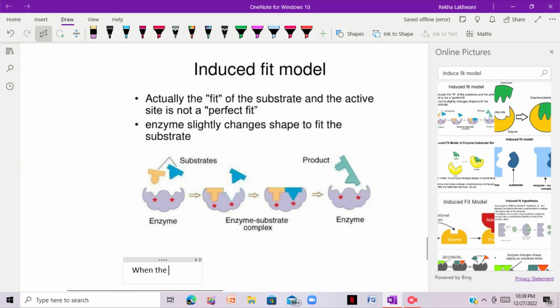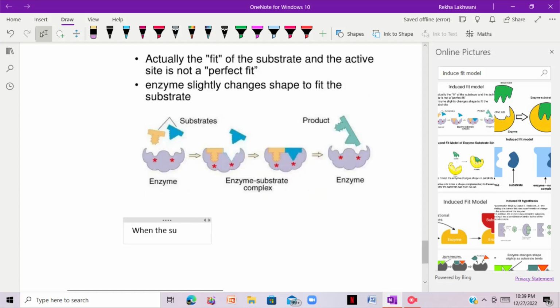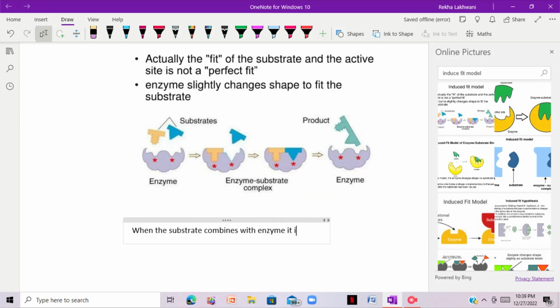Now, what does that mean? It means that before and after the reaction, the shape of the active site will remain the same, but during the reaction, it will change. As you can see over here, the enzyme slightly changes shape to fit the substrate.